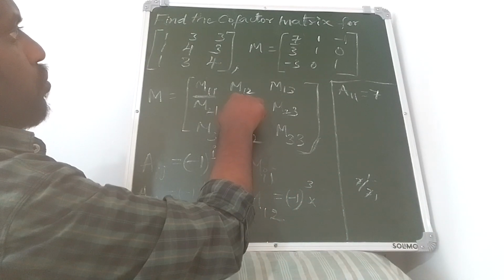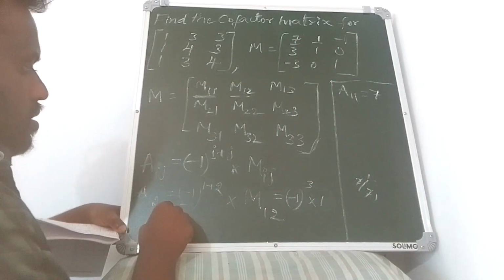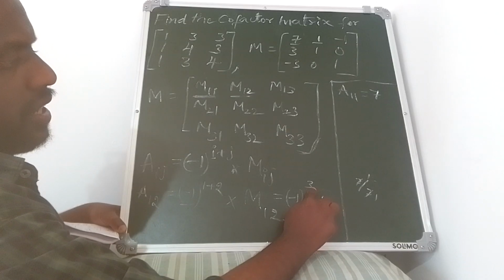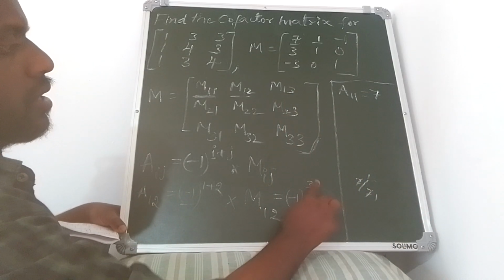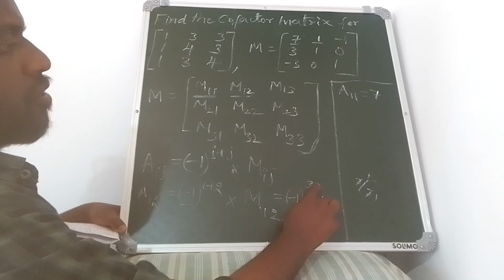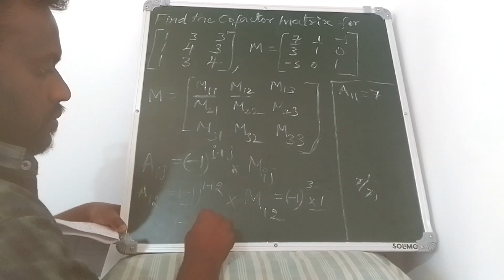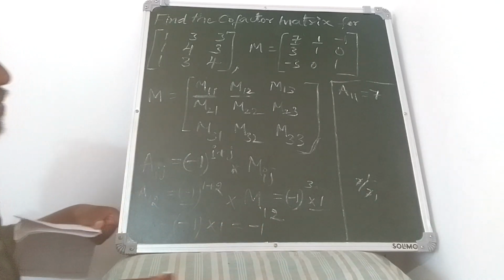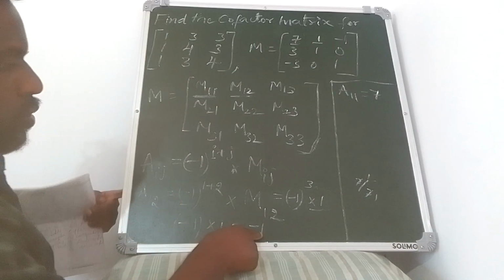In place of M12 we have 1, into 1. See, 3 is an odd number. 3 cannot be divided by 2 completely. So minus 1 to the power of an odd number is always minus 1. So minus 1 into 1 is minus 1. So we got A12 is equal to minus 1.